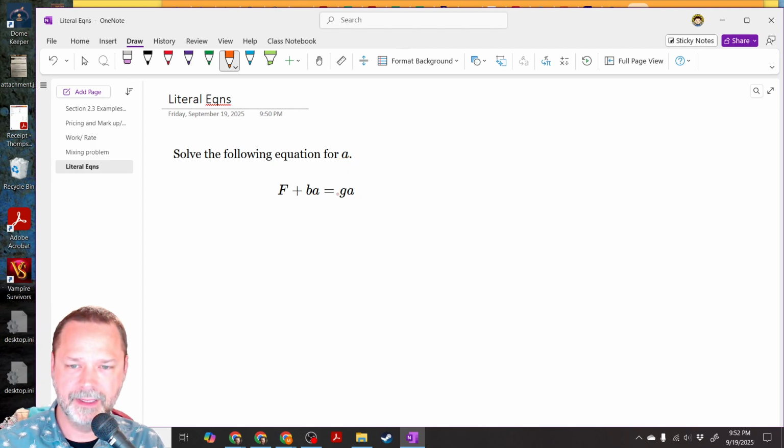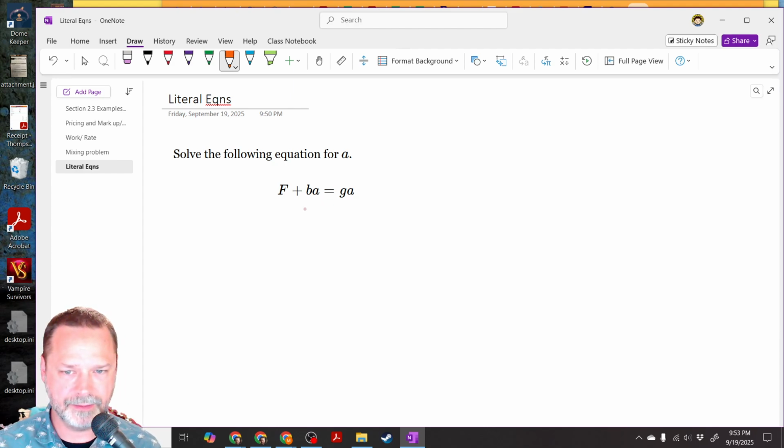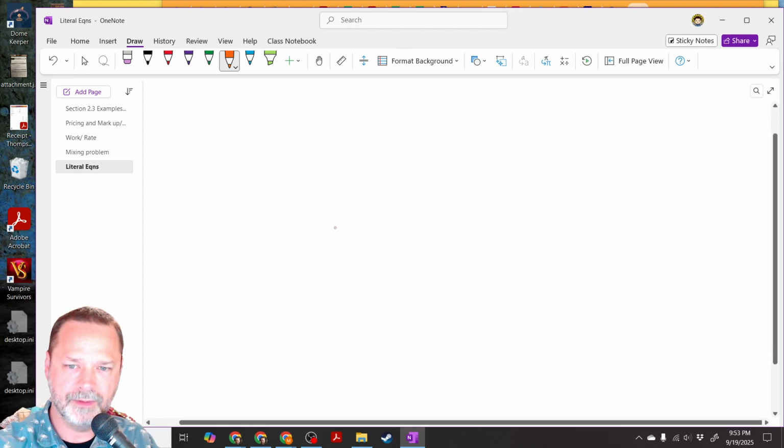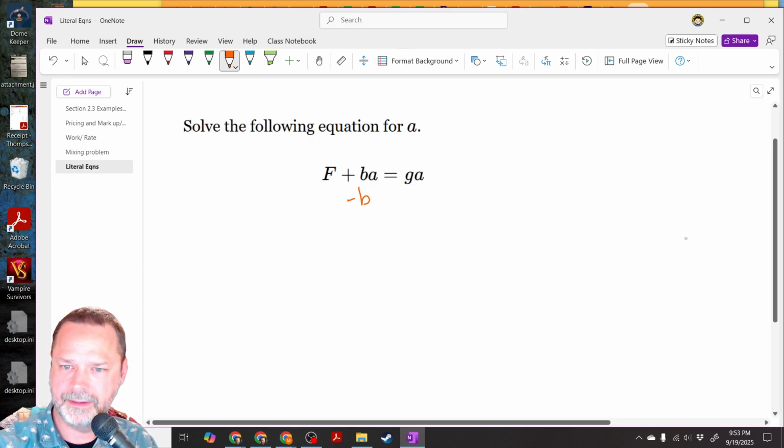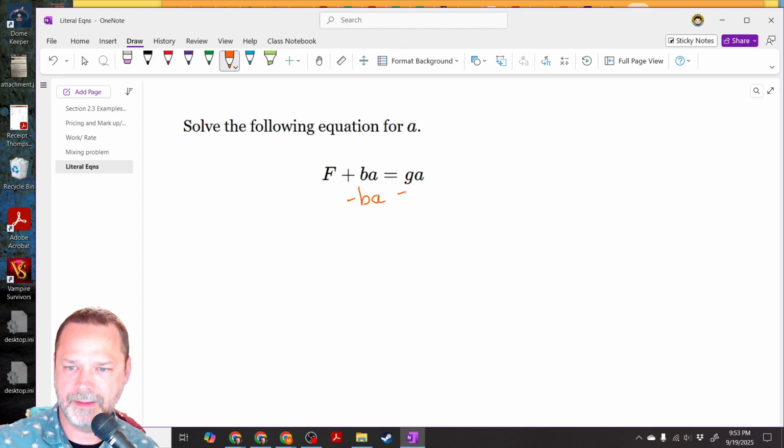We would get all my variables with A's on one side. So we'd, hold on. Yeah, that's good enough. So minus BA minus BA, and we would get F equals GA minus BA, and then we would factor that A out.